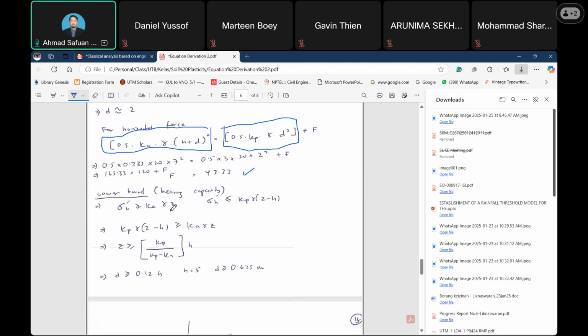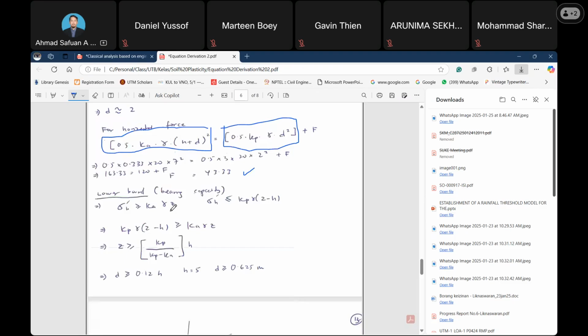So later on, the Z represents the D, because Z minus H we obtain the D. So then D is 0.12 times H. Put the H inside the equation, then we obtain D is equal to 0.625.